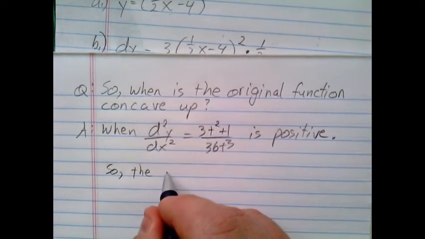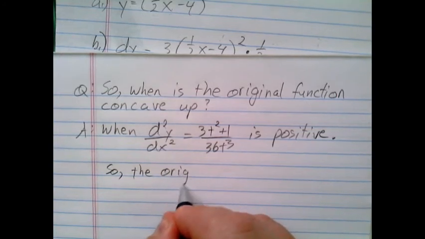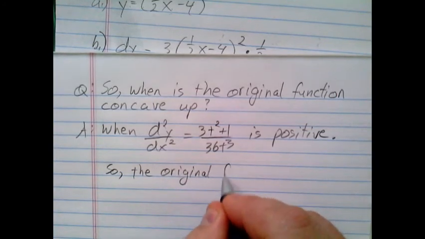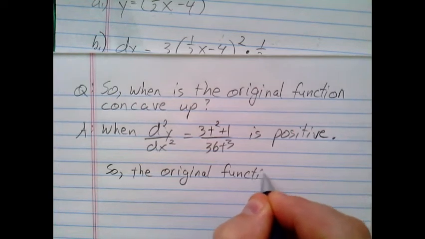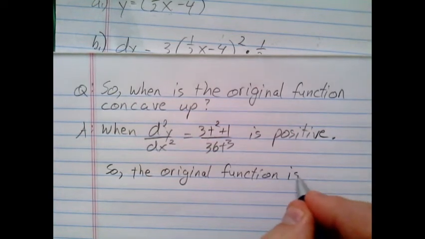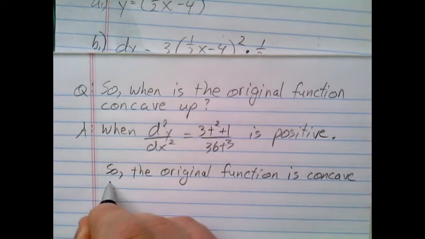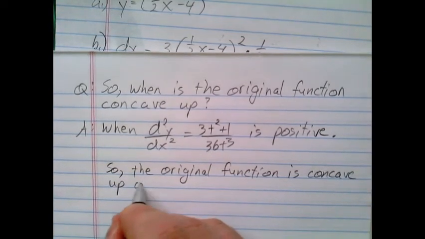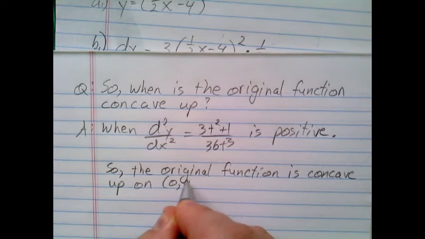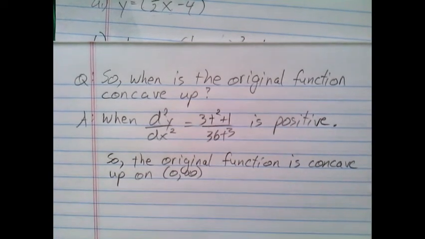So the original function is concave up on the interval from 0 to infinity. Notice I'm not including the 0.